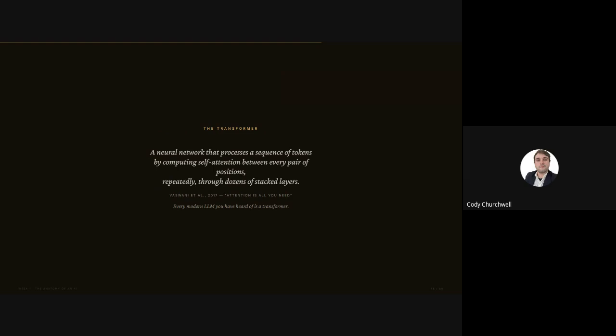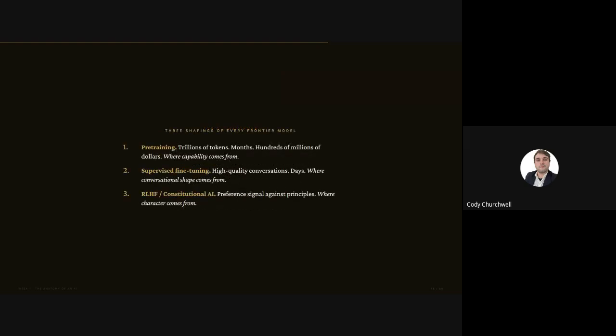Okay, every frontier model gets shaped in sequence by 3 processes. 1, pre-training, the first and biggest training phase. Trillions of tokens of internet text, books, code, scientific papers. The model is trained to predict the next token. This is where that capability comes from. Language, world knowledge, reasoning.